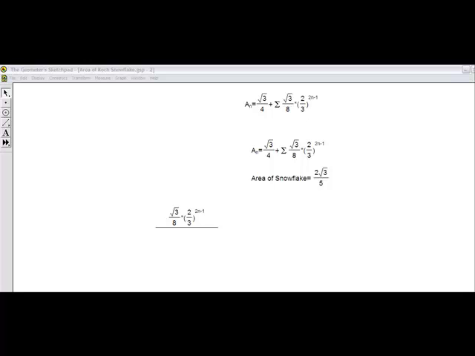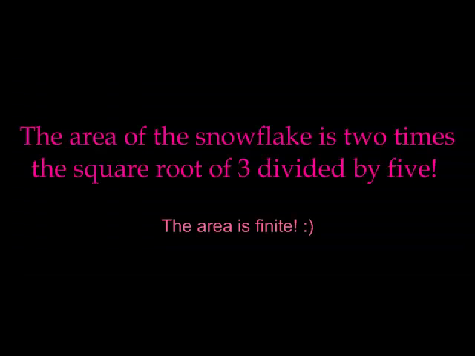So we have the square root of 3 over 4, which is our original area, plus the sum of the square root of 3 over 8 times 2 over 3 to the 2n minus 1 as n goes to infinity and n is 1. So we find that the area of the snowflake is 2 times the square root of 3 over 5. So the area is finite.